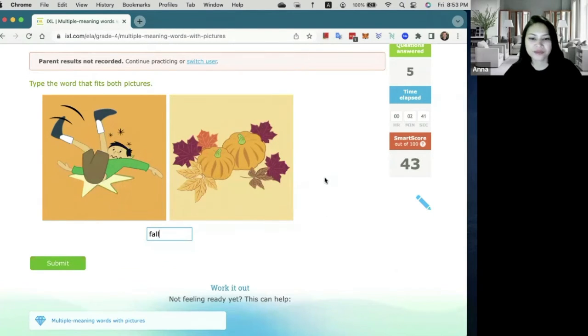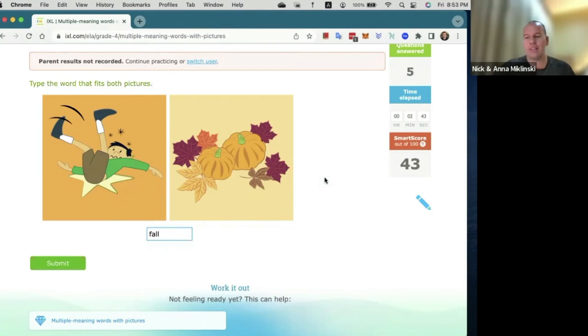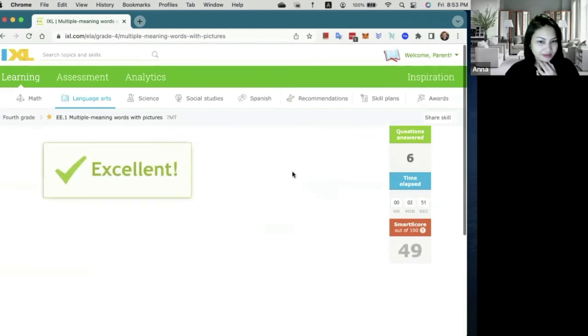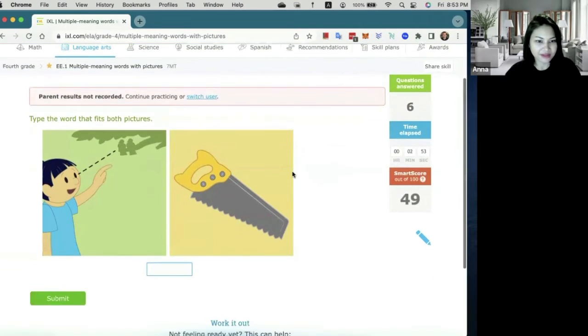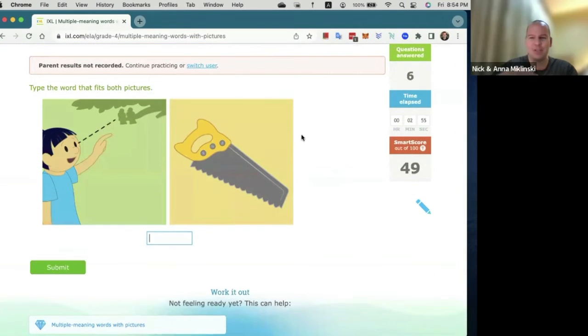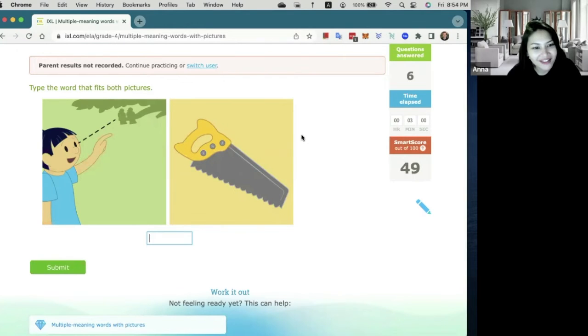Not in Thailand, but in temperate weather we have fall, winter, spring, and summer. So we have the word fall. Okay, get it. Very good. As you get better, it's going to get a little harder, I think. Okay. She looks at the birds, but the other one is, I think, saw, S-A-W.